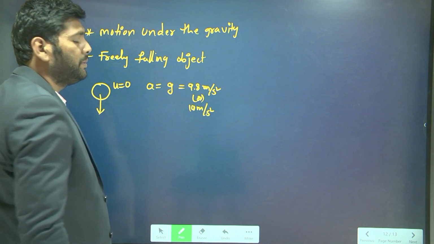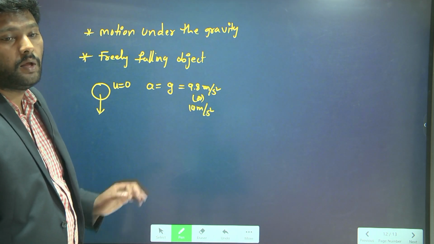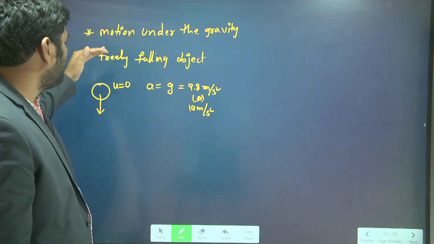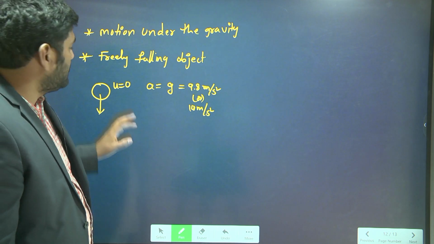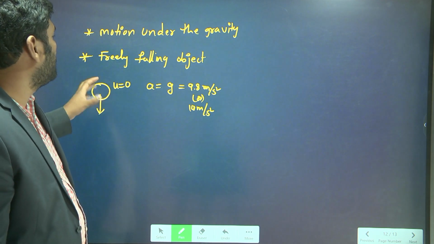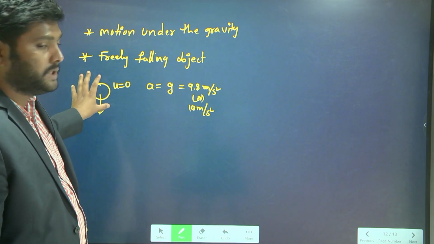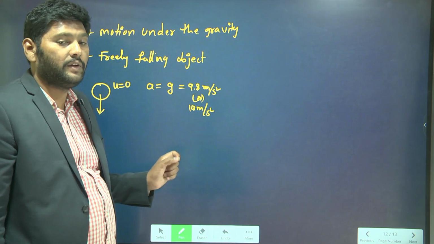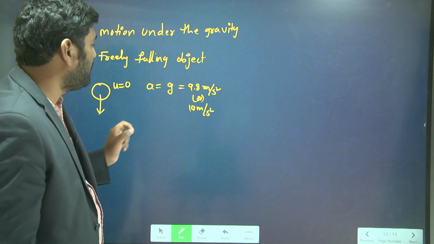So when the object is falling freely, what are the terms you can adopt for the freely falling situation? The initial velocity of the free fall is 0 and the acceleration of the free fall is 9.8 or 10 meter per second square.